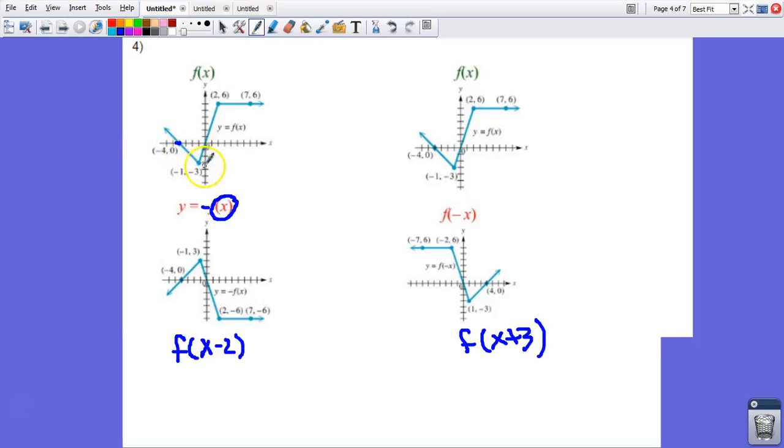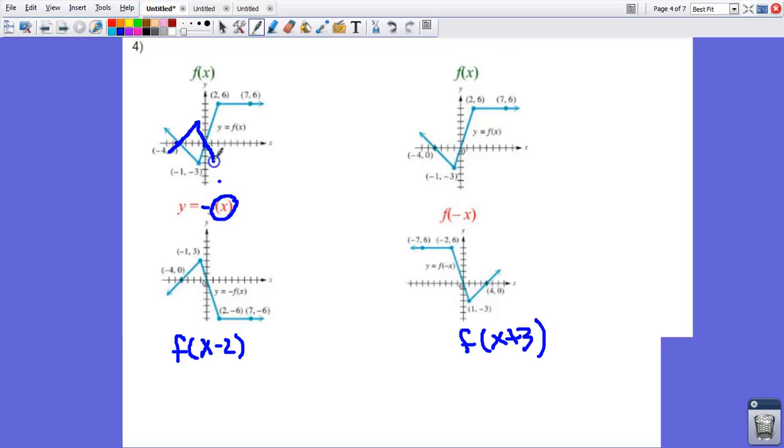So let's try this one. Here, my x is negative 1. That's going to stay the same, but instead of negative 3, my y is going to be positive 3, okay? And then 0, 0, that's going to stay the same. And my x is going to stay the same here too, but instead of 6, it's going to be negative 6.